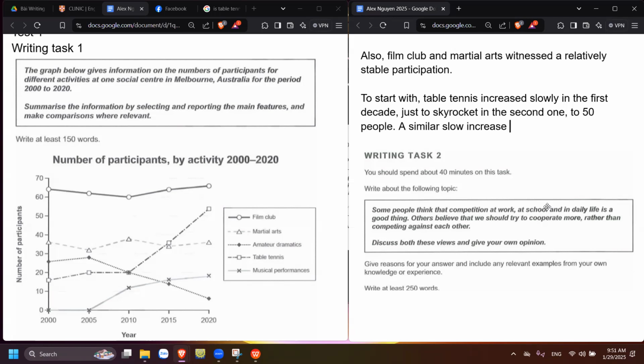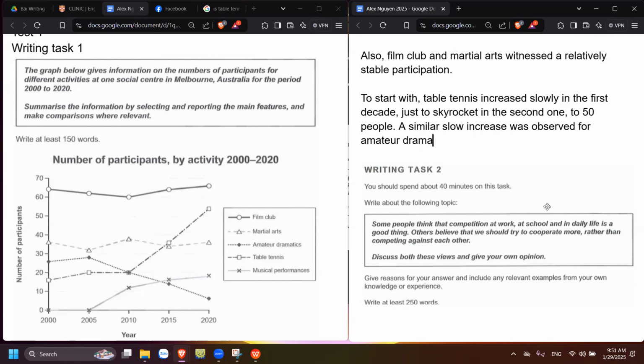A similar slow increase was observed for amateur dramatics in the first 5 years.